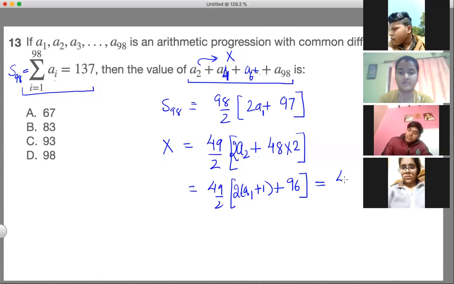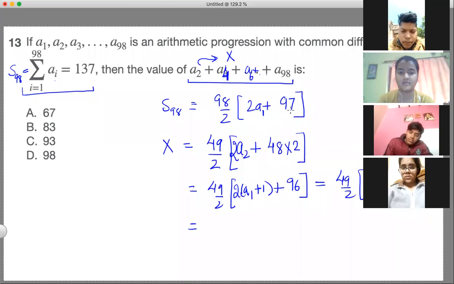Okay, this will become 49 by 2, 2A1 and 2 plus, and this is 98. Right? Understood till here? Now do you see how can we complete this? दिख रहा है आपको कैसे होगा?